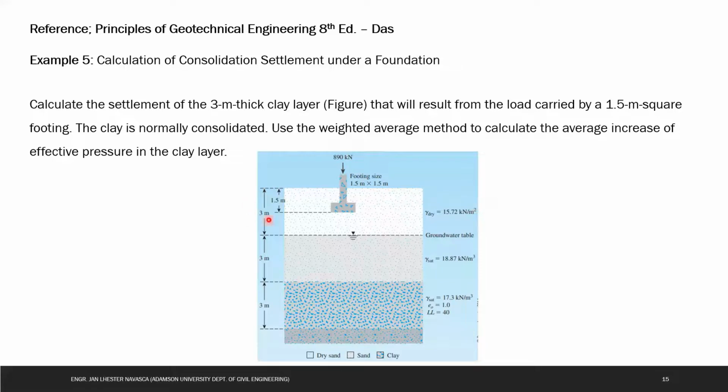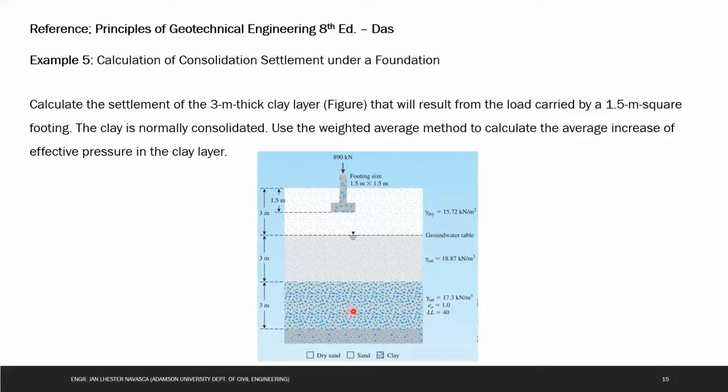So we have a 3-meter thick dry sand, and also 3 meter thick of saturated sand, with a groundwater table right here. That saturated sand has a unit weight of 18.87 kilonewton per cubic meter.